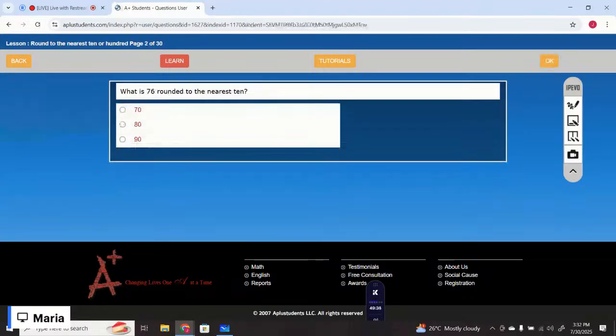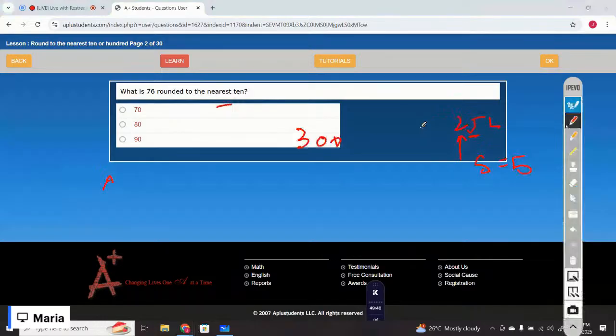What is 76 rounded to 10? So 7 is at the tens position, right?